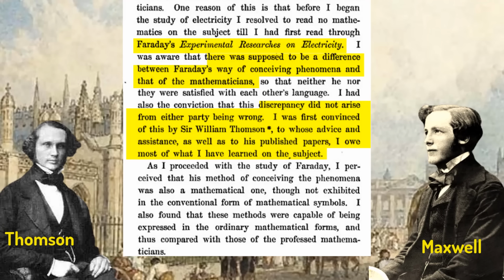When Maxwell read Faraday's Experimental Researches, he not only agreed with Thomson, but also felt like Faraday's method of conceiving the phenomena was also a mathematical one, though not exhibited in the conventional form of mathematical symbols. So Maxwell just decided to try to convert Faraday's ideas from Faraday's math into the ordinary mathematical forms.